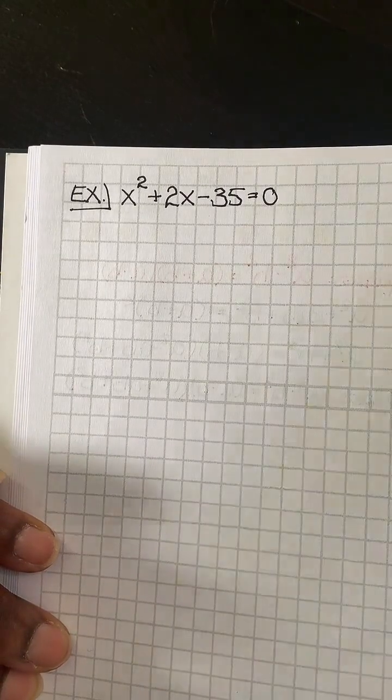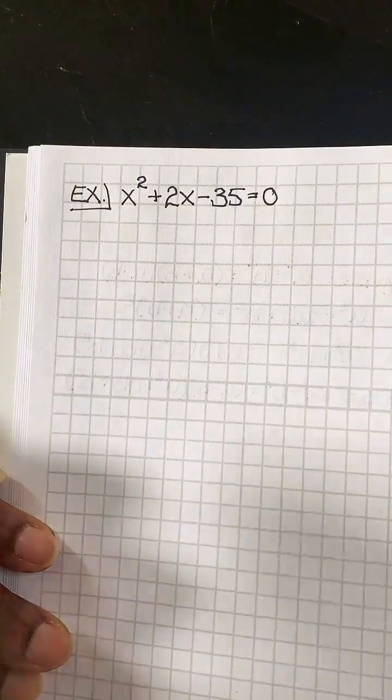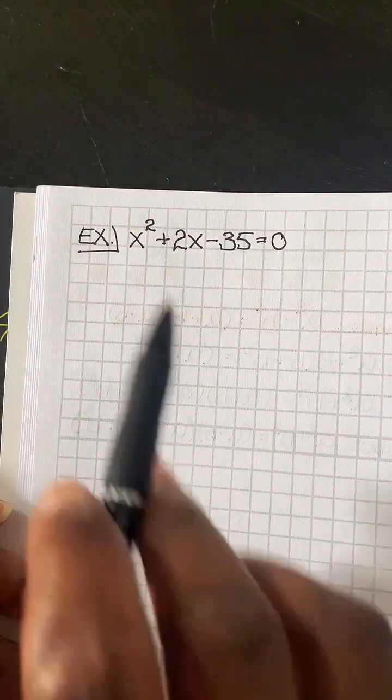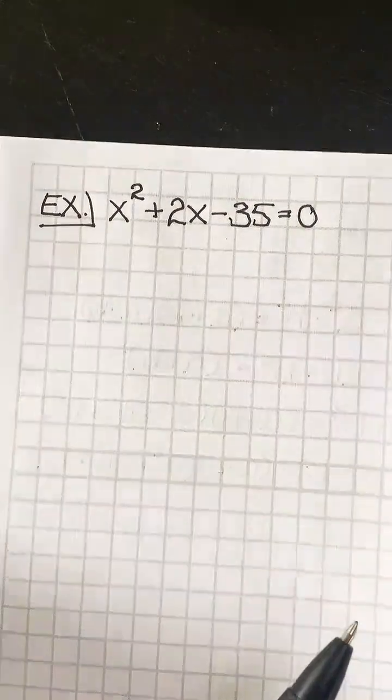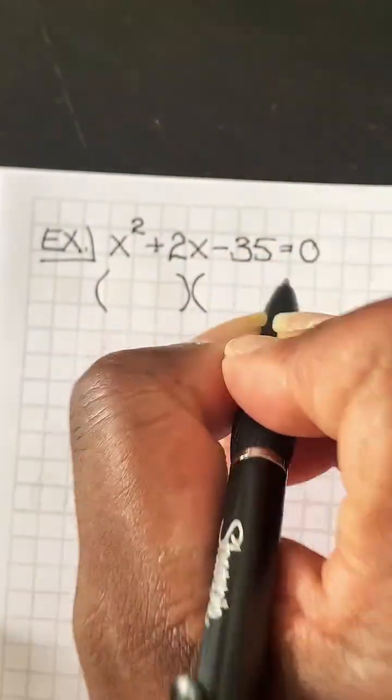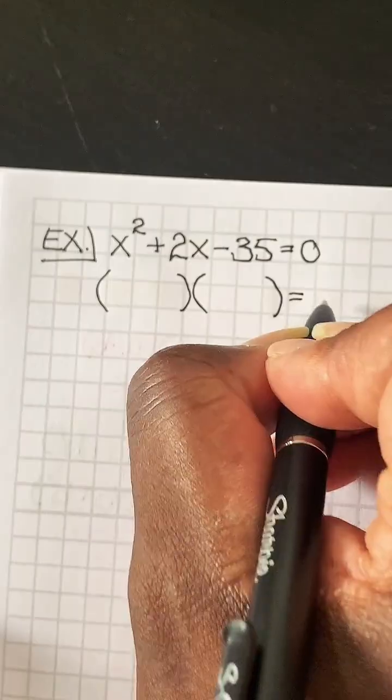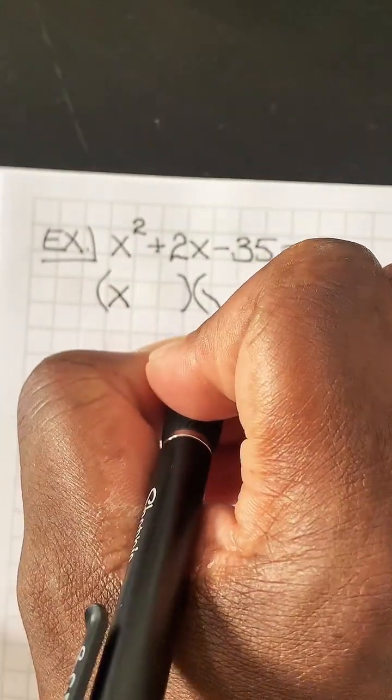So, when we're taking a look at this one, my leading coefficient is 1. So right into it, let's break these two parentheses down. Split your x's.